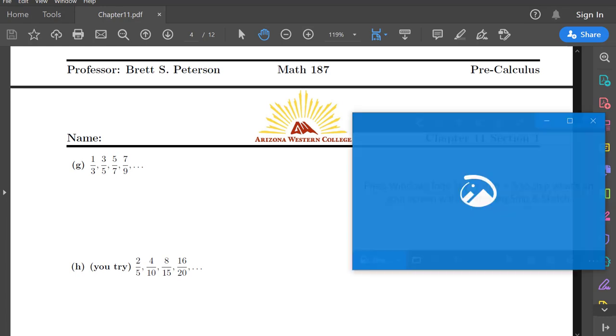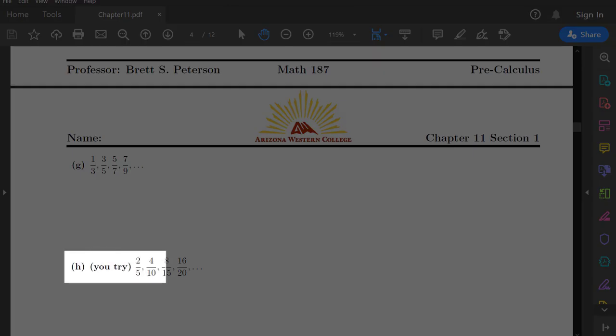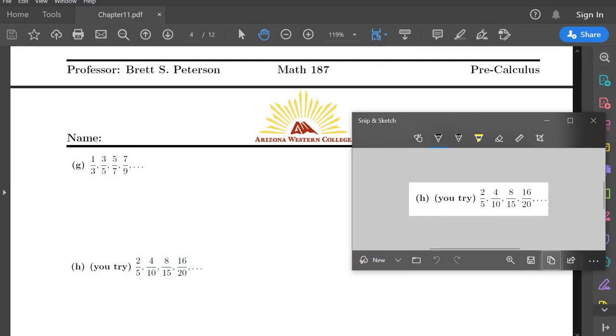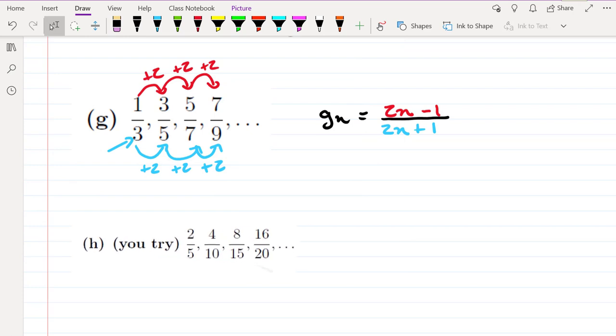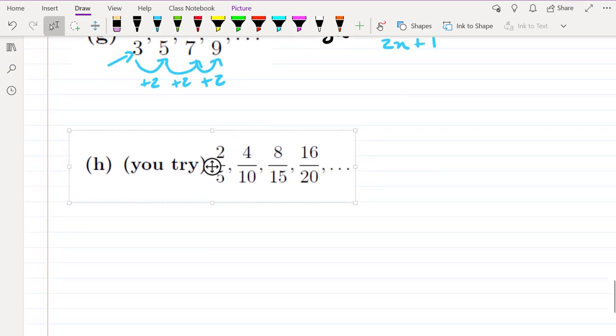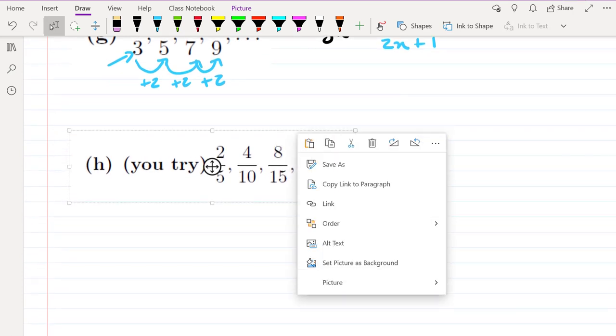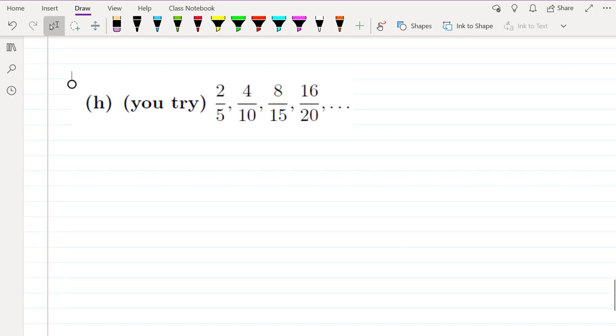So next one is for you. Go ahead and try to find the general term of this sequence. This time we have 2, 4, 8, 16 in the numerator, and 5, 10, 15, 20 in the denominator. So in the numerator, each time to get to the next term, I multiply by 2, I multiply by 2, and I multiply by 2.